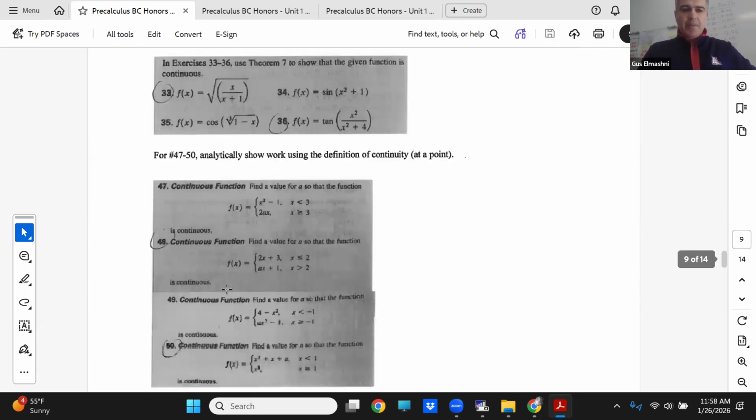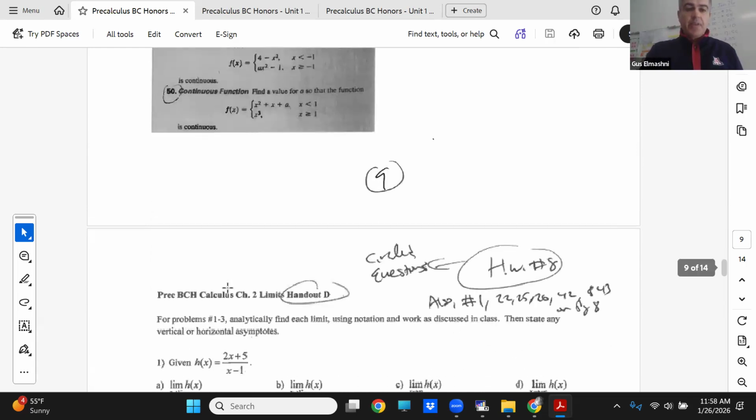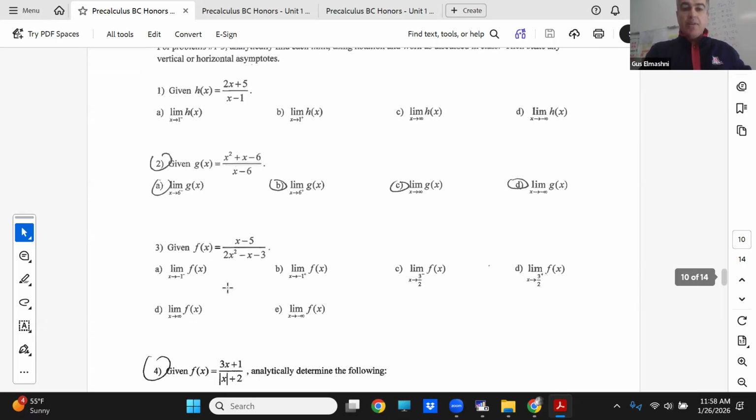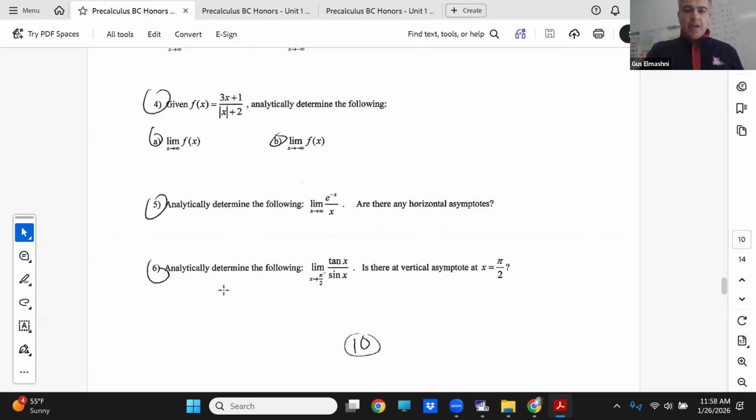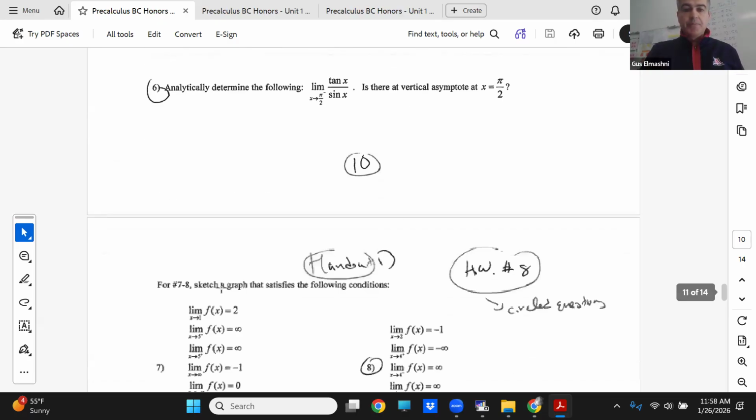I don't care for 33. I'm going to leave that alone. I like 48. I like 50. Definitely want to ask those questions. Definitely want to ask 1, A and B, 2, A and B, 3, A, B, C, there's a D twice, so the top row there. And probably 6 as well.